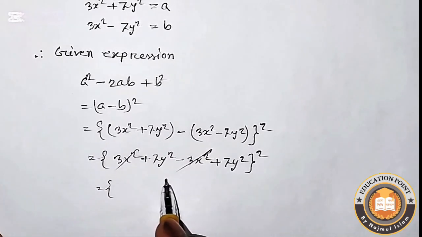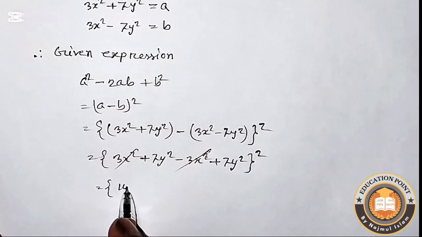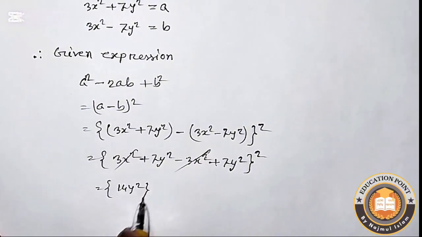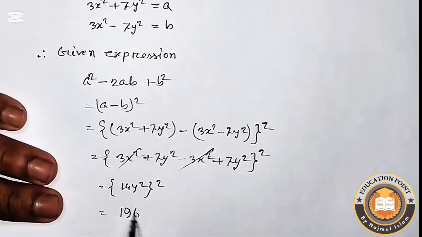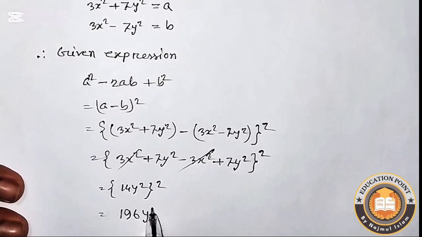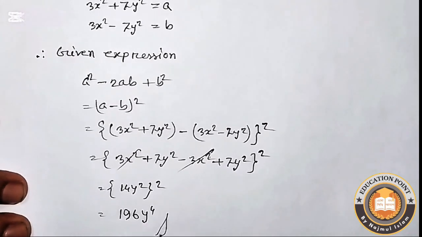Added value of 7y square plus 7y square equal 14y square, then whole square. Square value of 14 equal 196, then y to the power 4.